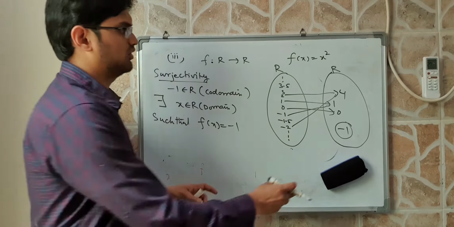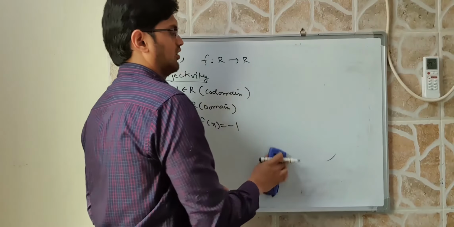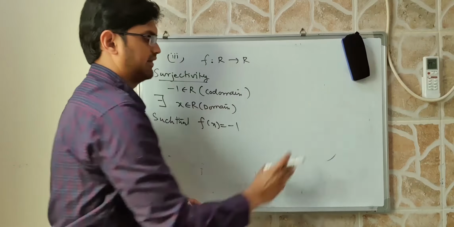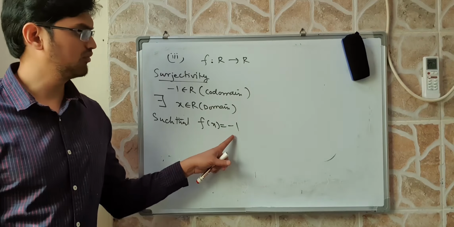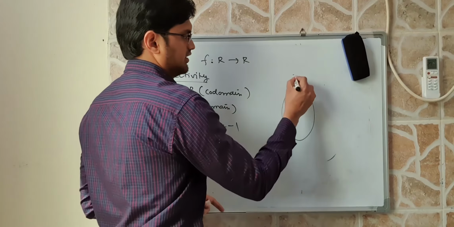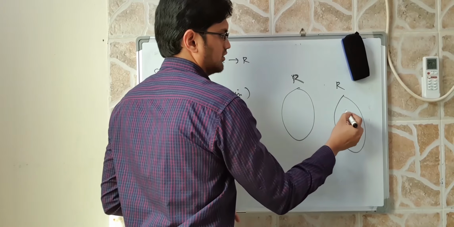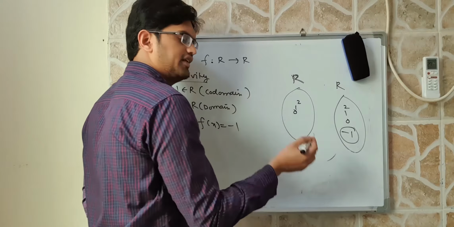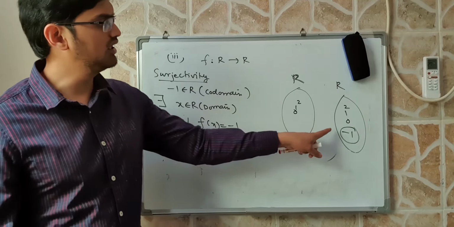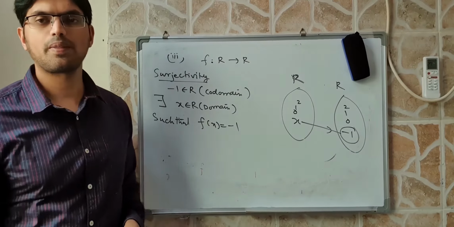Suppose we are saying it is onto, like I have taken R to R, I have taken 0, 1, 2, and -1. If I say it is onto, then there should be at least one element in x which should go and map to -1.